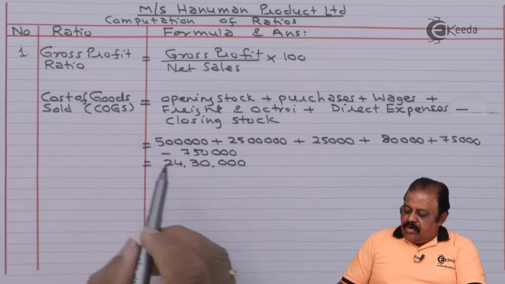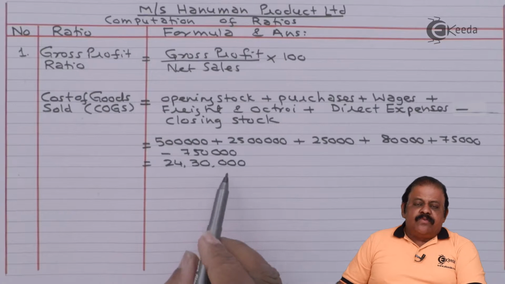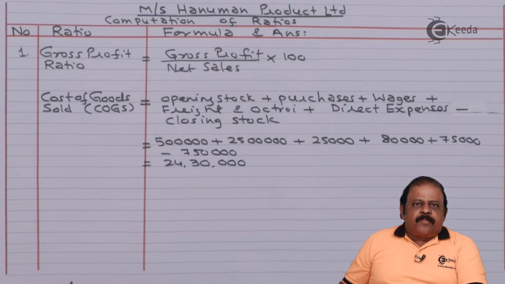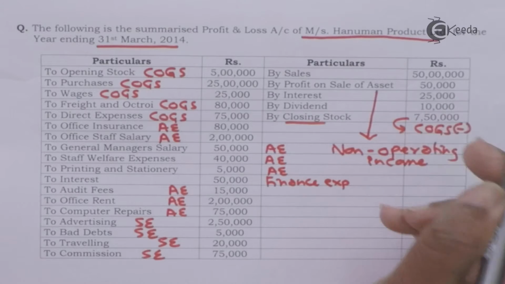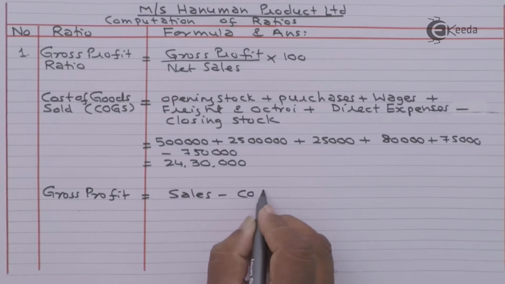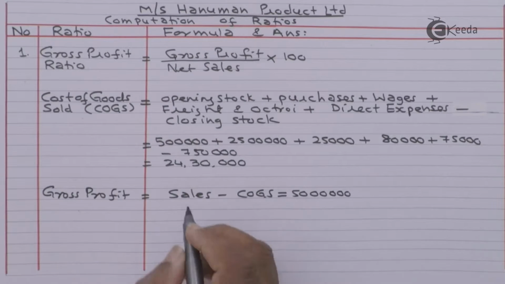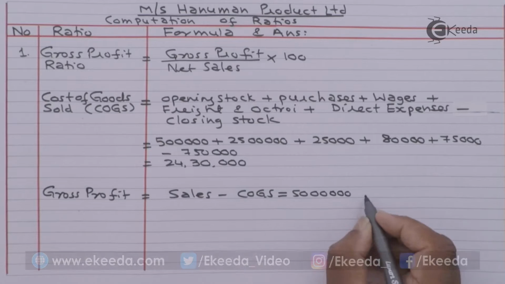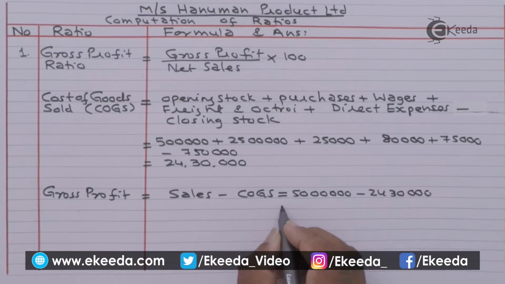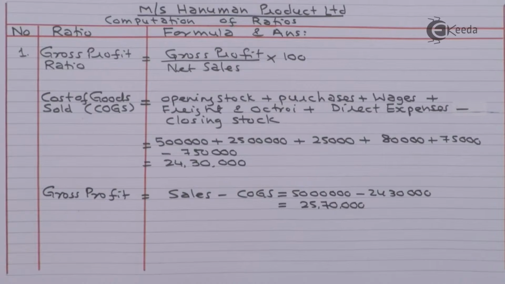So cost of goods sold we got 24 lakh 30,000. From sales we'll deduct this figure to arrive at gross profit. Sales 50 lakhs, cost of goods sold 24 lakh 30,000. Gross profit 25 lakh 70,000.